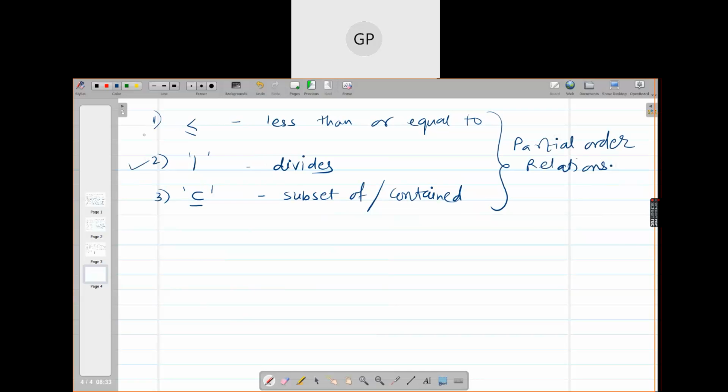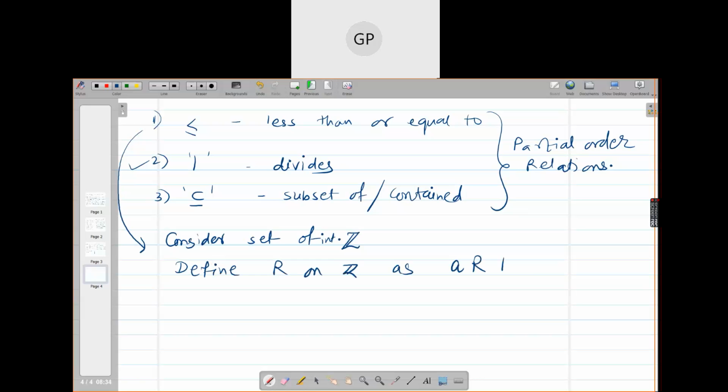Now let us come to this less than or equal to. Consider the set of integers Z, and define R on Z as A is related to B if and only if A is less equal B. So we know that less equal is a partial order relation, right?